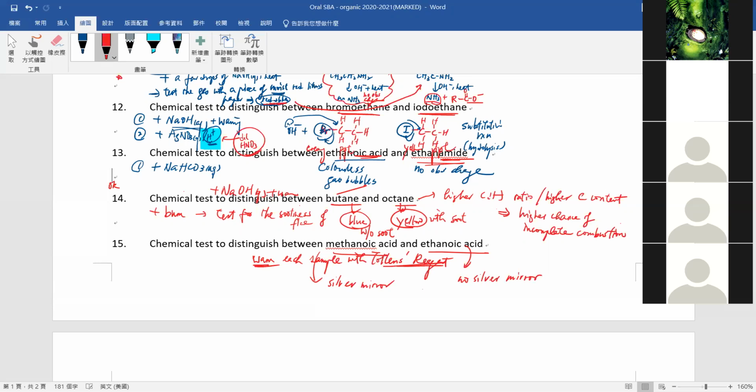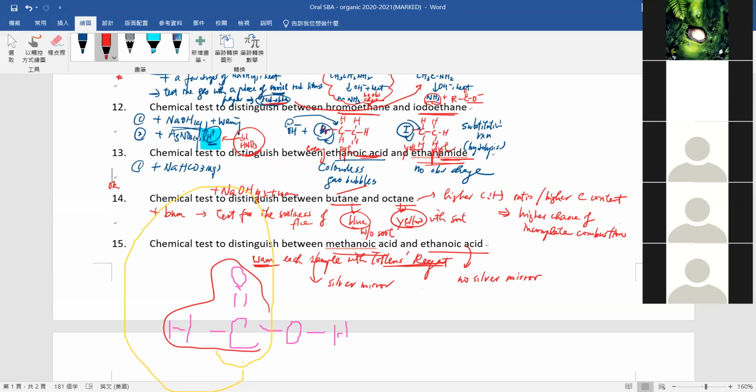But the question comes, why? You just mentioned the ethanoic acid. We have got an aldehyde group. Where is the aldehyde? Yes, that's right. So this is a very strange example.